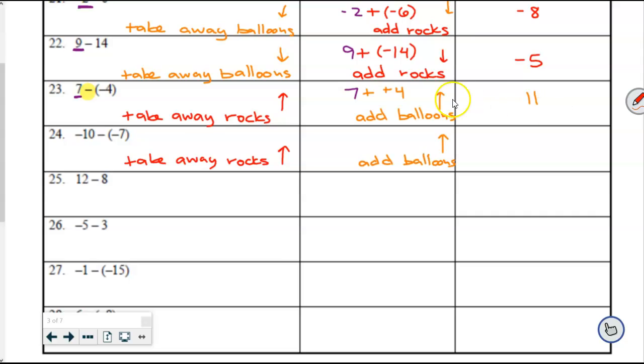So, we're still starting in the same place. It is still a negative 10. But instead of taking away negatives, I'm going to add positives. 10 rocks, add 7 balloons. The first 7 balloons are going to zero out some of those rocks. So the answer is negative 3.